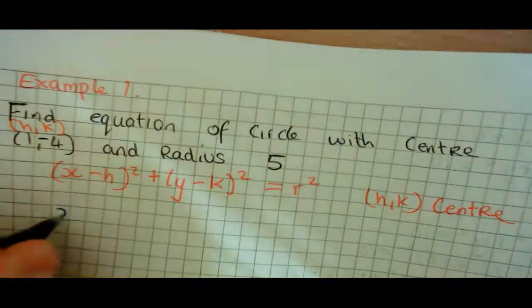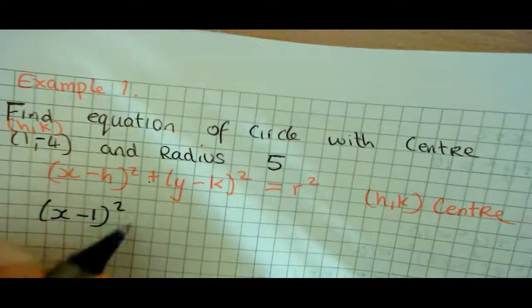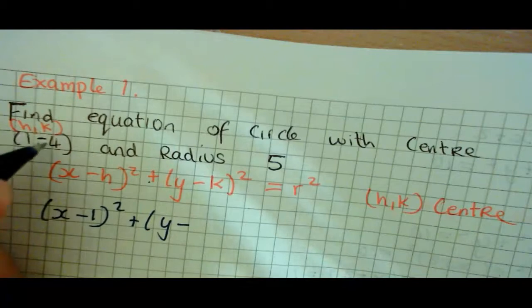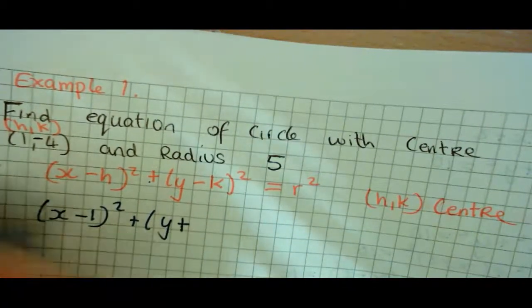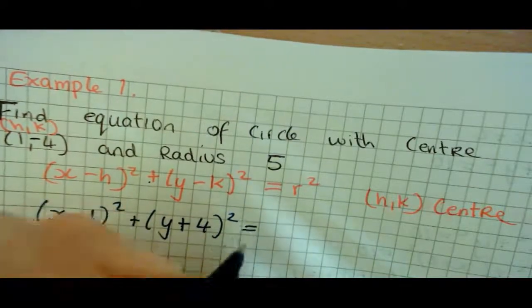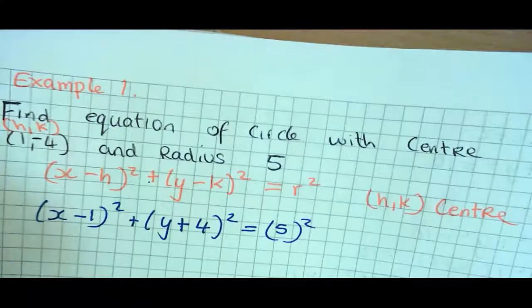So we have x minus h, what do we label h as? 1, and it's all squared, plus y minus k, k is minus 4, so minus by minus is a plus, and it's 4 and it's all to be squared is equal to r squared. That's 5 squared.